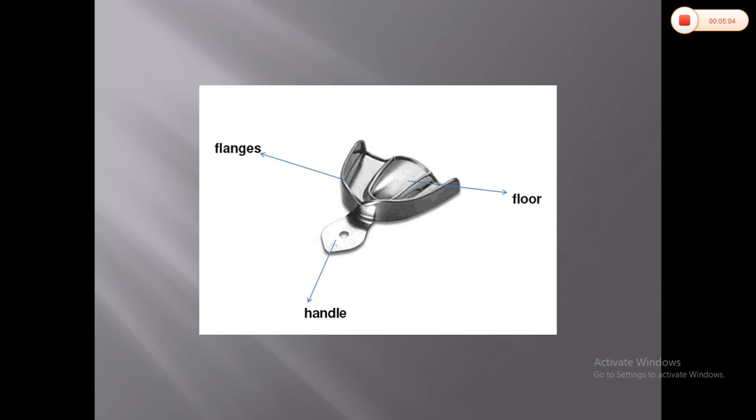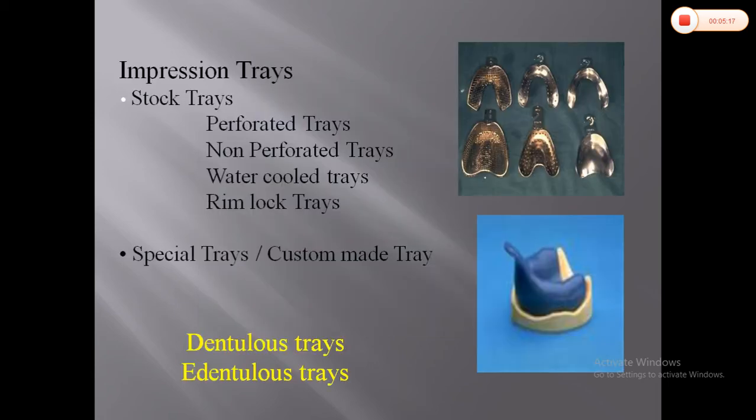The parts of the tray are the handle, flange, and the floor of the tray. This is a simple classification of impression trays. Based on how you fabricate them, there are two types. One is stock trays, which are prefabricated trays, and the other is special trays, which are custom-made trays that we make.